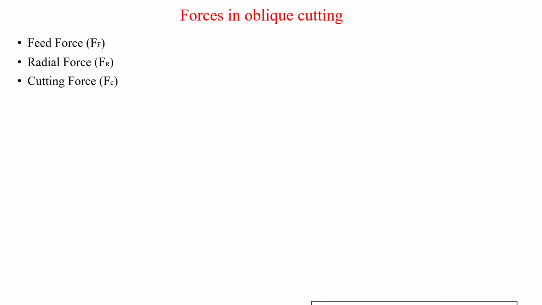We always want the right force to act in the right direction and in the right amount, so that we can stabilize our process and get more out of it. So basically in oblique cutting we have three forces. One is the feed force, one is the radial force, and one is the cutting force. I'll explain this using the example of a single point turning process.